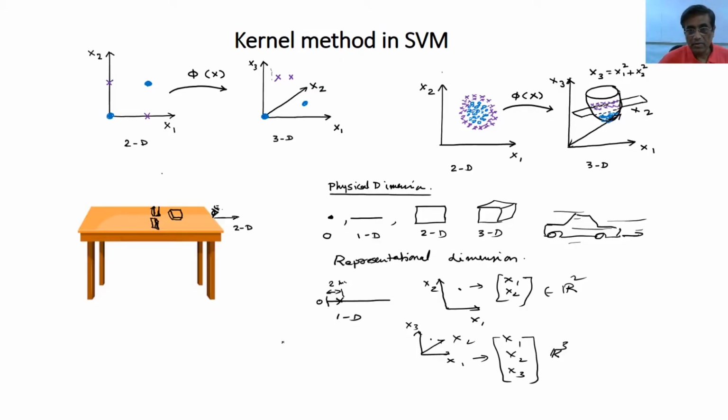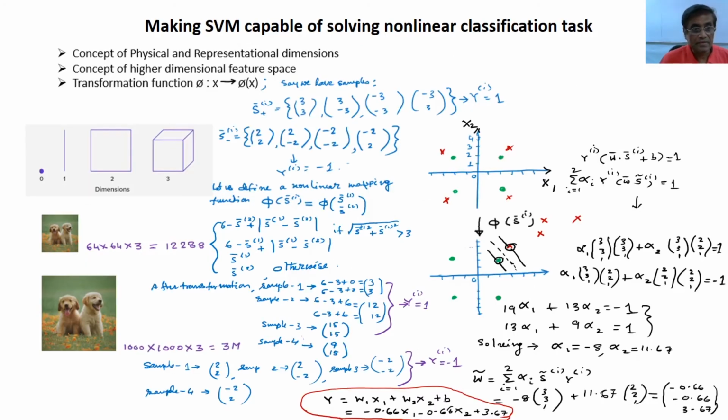So when we talk about infinitely large dimension, this is a kind of abstraction. There is a kind of representational dimension. Let us look: say I have a small picture of 64 cross 64 dimension. These are actually 64 what?